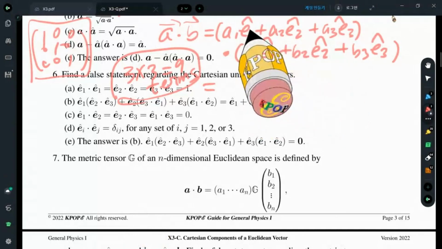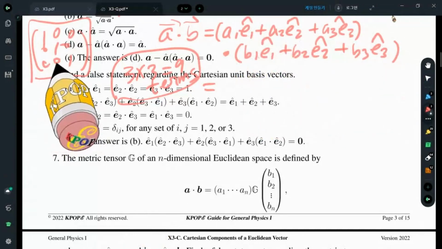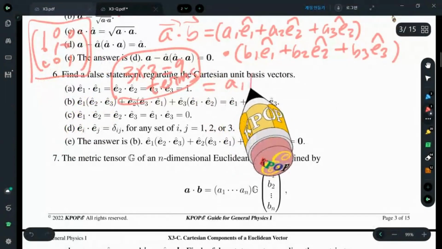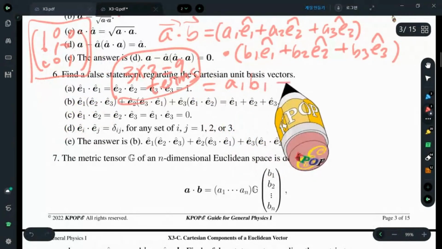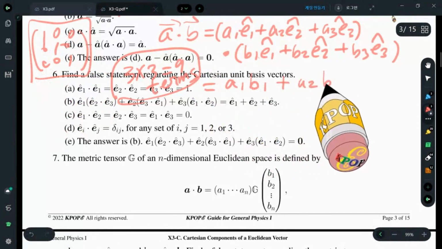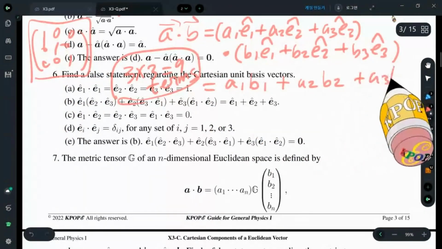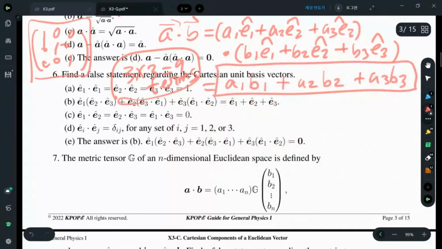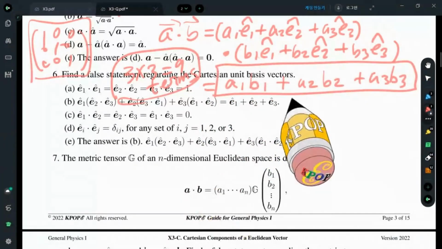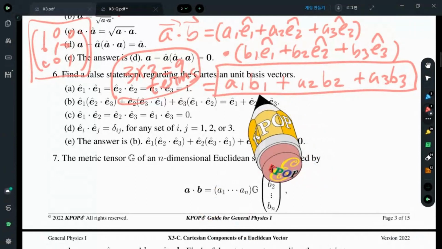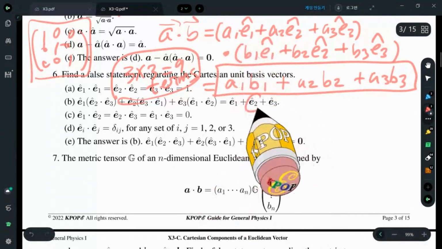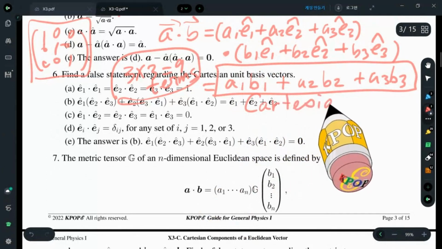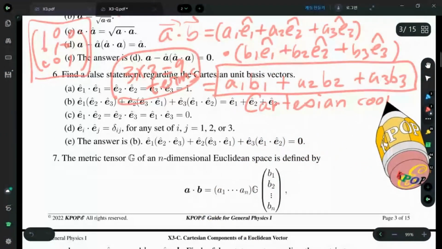e1 dot e2, e1 dot e3, all vanish. So the only surviving terms are A1 B1, A2 B2, A3 B3. This holds only when you use Descartes' coordinate system, the Cartesian coordinates.